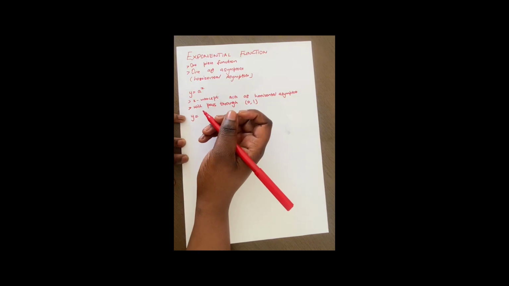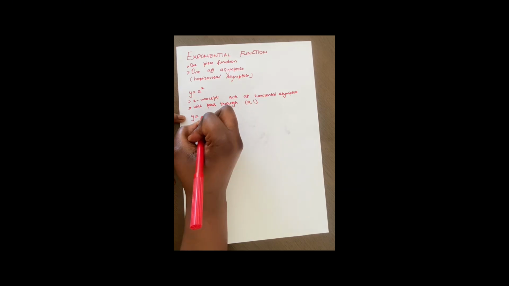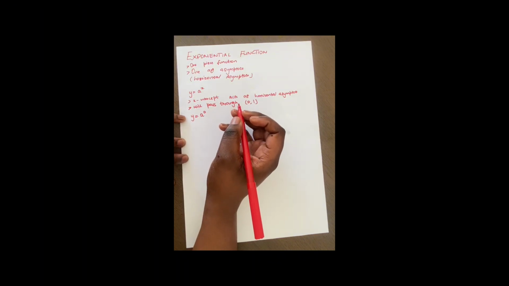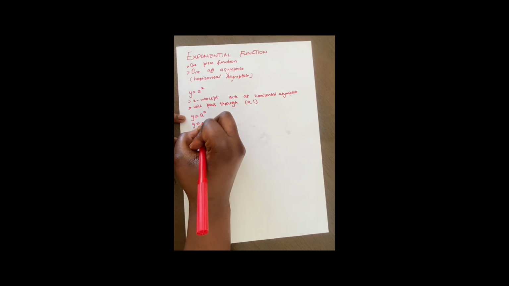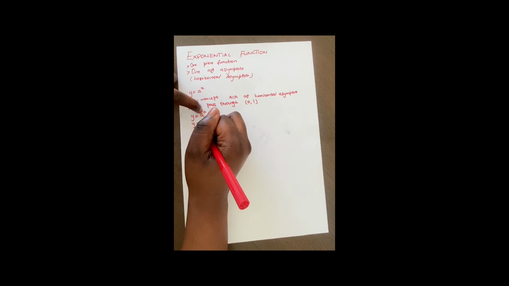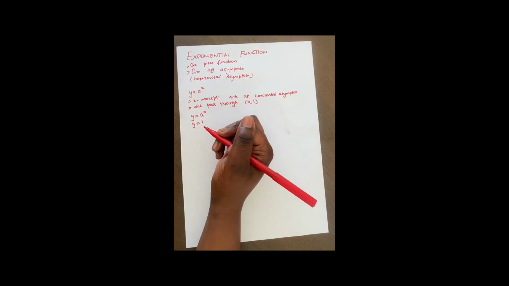When you're looking for y, your x should be equal to 0, right? So it's going to be a to the exponent 0. You know that any number to the power of 0 is equal to 1. So y is equal to 1, right? So when x is equal to 0, y is equal to 1 in an original function.